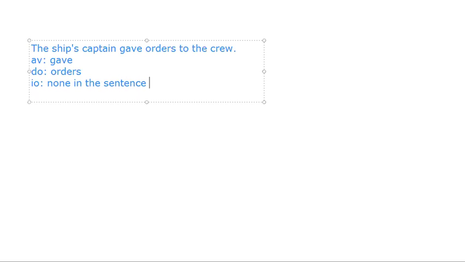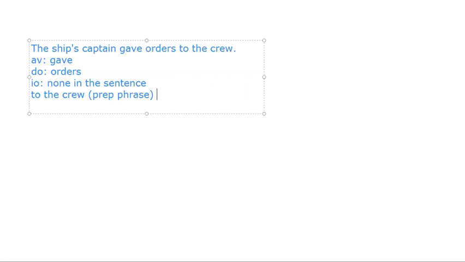It's an object of preposition. So if you are going to answer a question about the IO, you would say that this sentence does not have an indirect object. Why is there no IO? Because you have a prepositional phrase. To the crew is a prepositional phrase, and if you look at the rules that we stated in slide number 1, it says that DOs and IOs cannot be in a prepositional phrase.